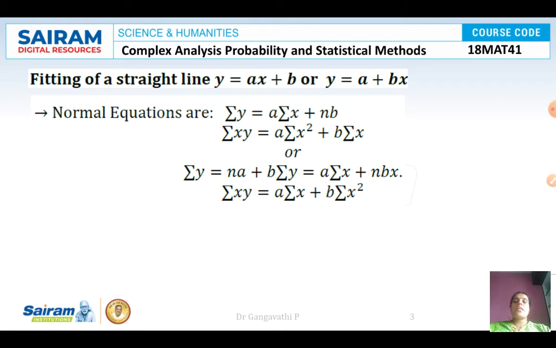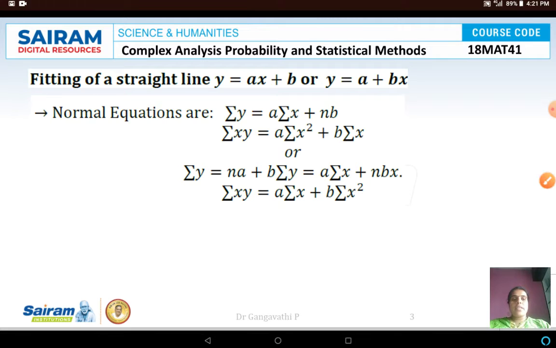So let us learn stage by stage. First we shall take the fitting of a straight line. The straight line equation in standard form is y is equal to ax plus b, or y is equal to a plus bx. Here a is called the slope and b is called the y-intercept.